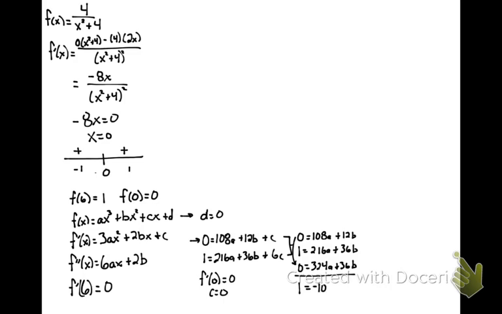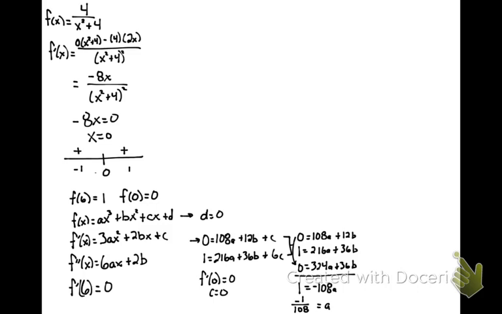negative 108a. So a must equal negative 1/108th. So I know d, I know c, I know a. Now I just need to go back and find b.